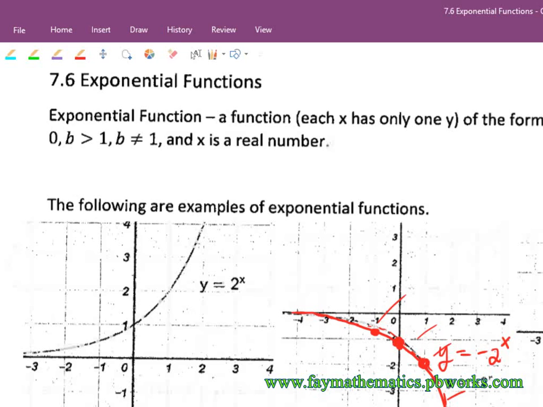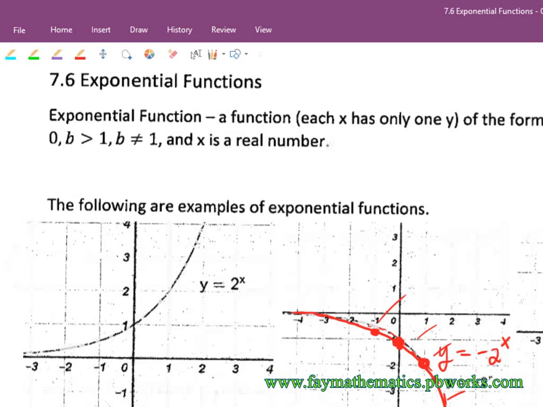If I want ultimately what we call exponential decay, so we're going to actually get smaller and smaller y values, that means this number that I'm raising to this variable exponent is going to be a number between 0 and 1. And the idea there is, if I have, let's just do some x's and y's here.